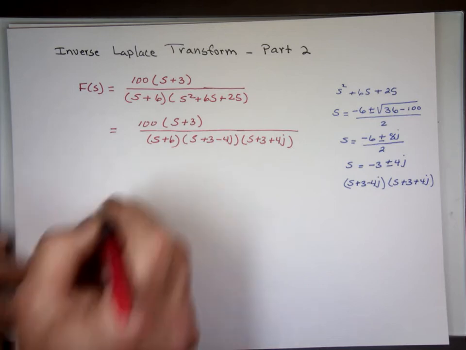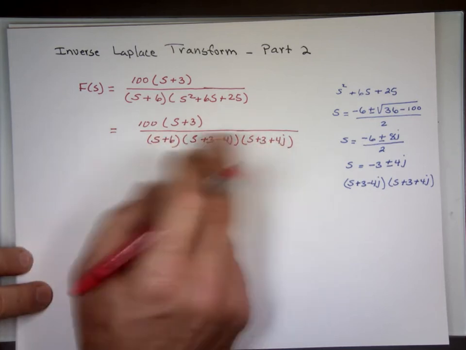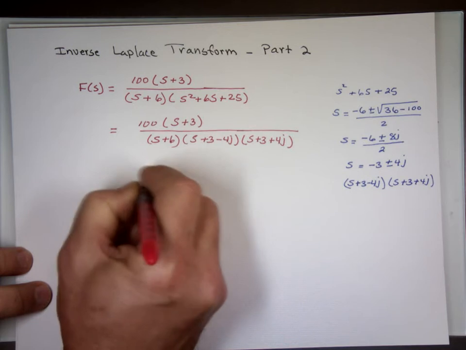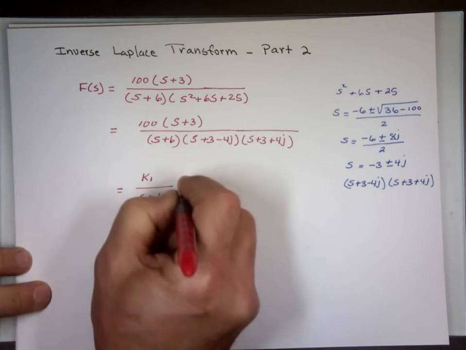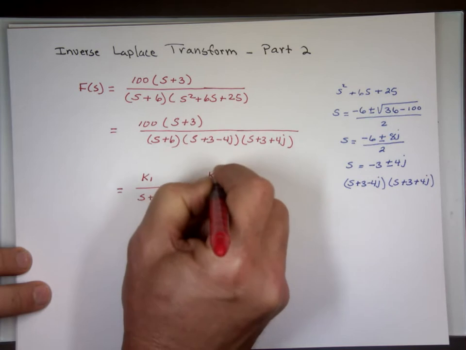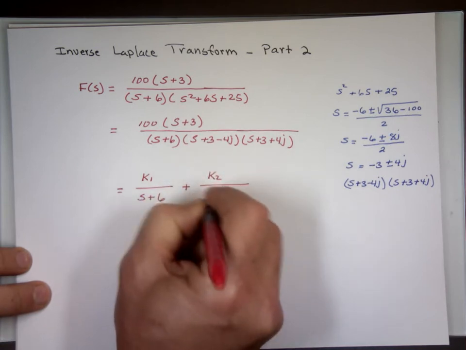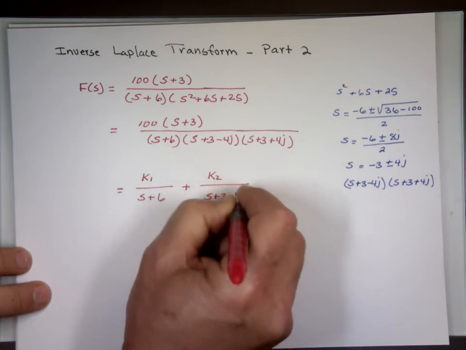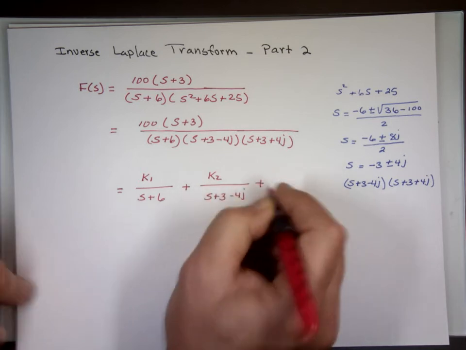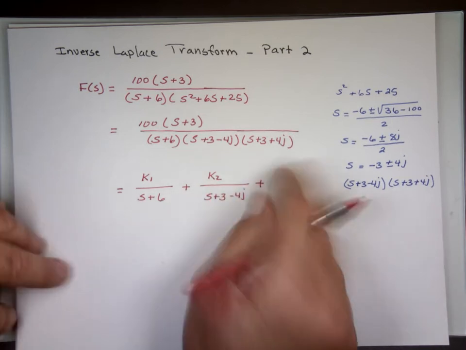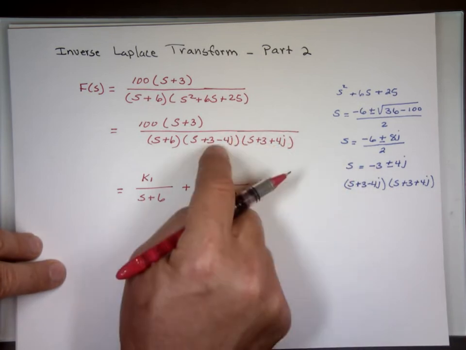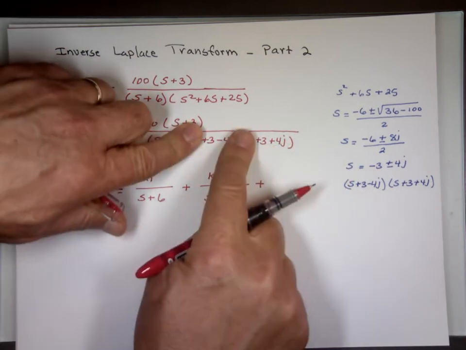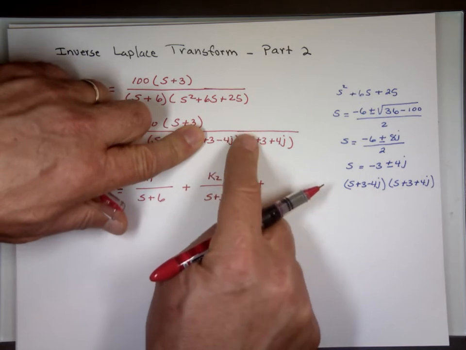Now, since these are simple distinct roots, we can rewrite that as k1 over S plus 6 plus k2 over S plus 3 minus 4j plus, instead of k3, this one really will be k2 conjugate, because 3 plus 4j is the conjugate of 3 minus 4j.